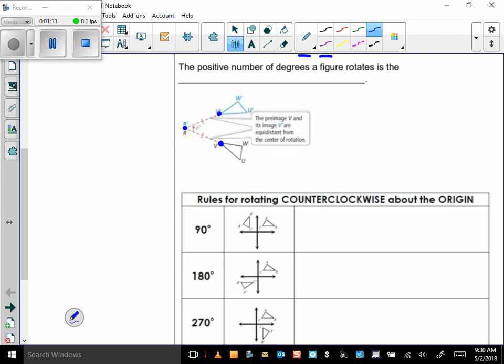And I think I failed to mention with respect to reflections in the last lesson, a reflection also maintains distance. Every image will be the same distance from the line of reflection that the pre-image is. Same holds true for rotations. The positive number of degrees a figure rotates is the angle of rotation.